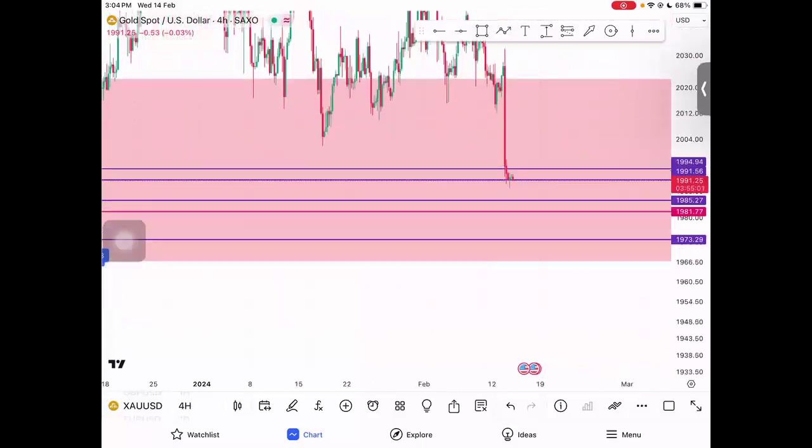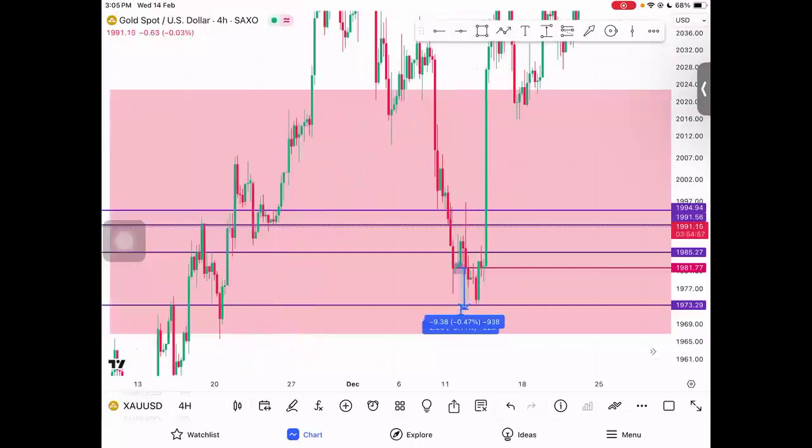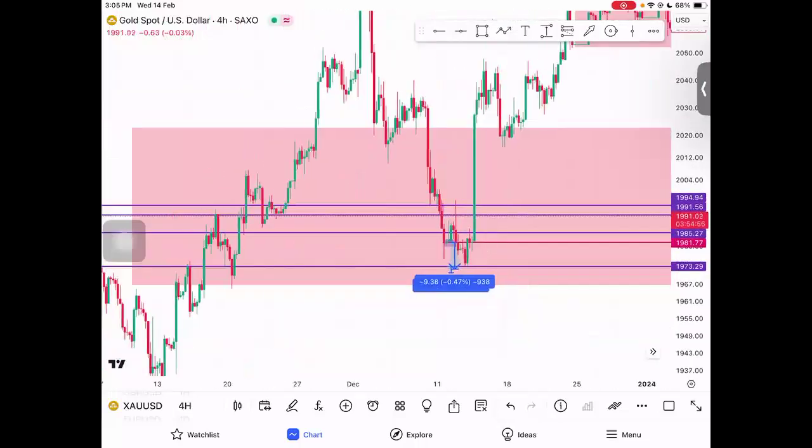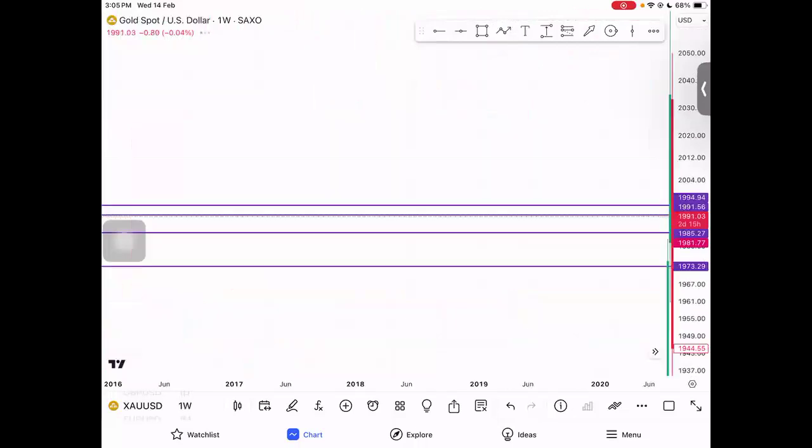Now we go for this one. Already have the buy setup, then we go for the sell setup.